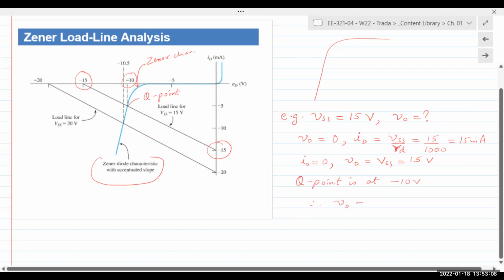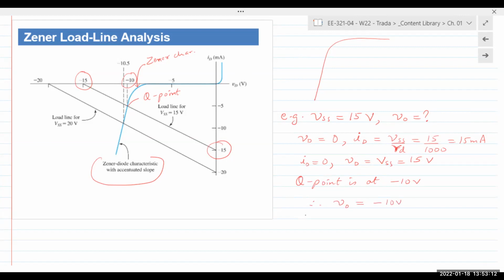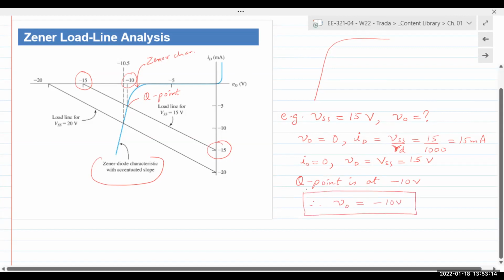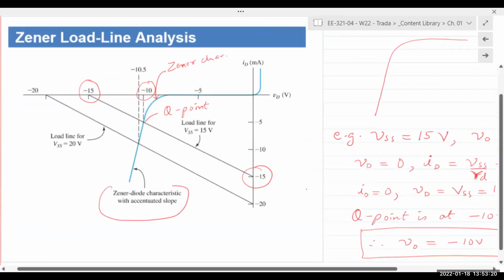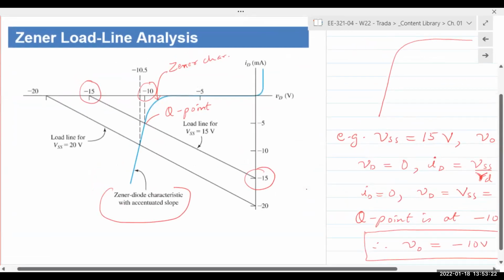Therefore, V out is minus 10. Does that make sense? Right? Load line, intersect the characteristic, find the Q point, and that would give you the output voltage.